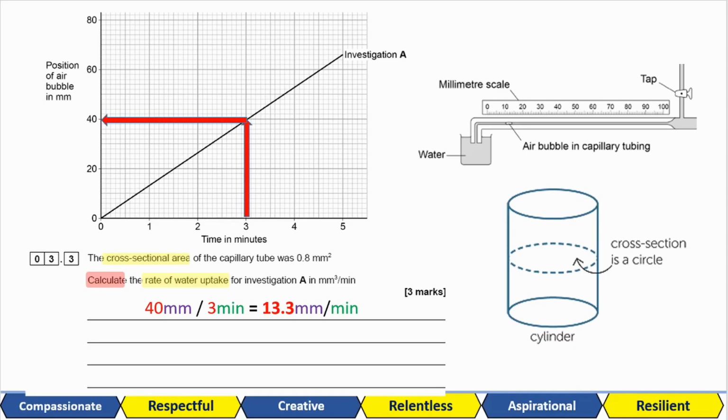This is the rate that the air bubble moves. But now that we know that, what we need to simply do is multiply that cross-sectional area by the rate that the air bubble moved to work out the rate of water moved, and this gives us 10.6 millimeters cubed per minute.